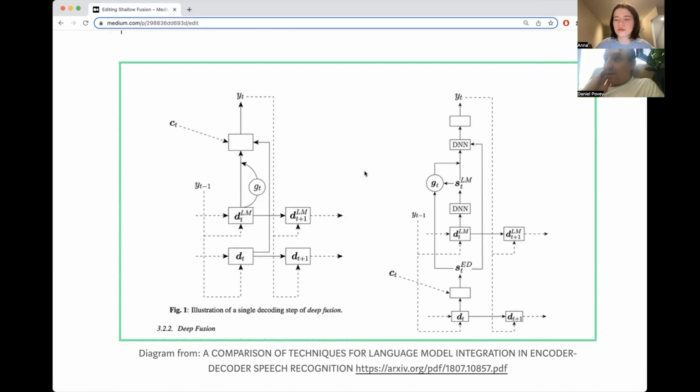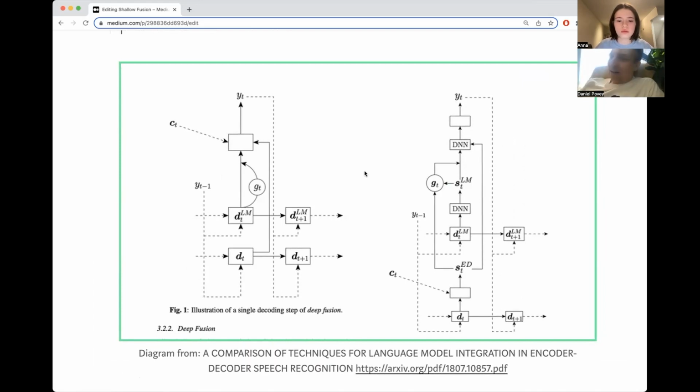But the idea of shallow fusion is that you have some kind of external language model that predicts the next token given the previous tokens only. And then you somehow interpolate that, usually in log space, with the actual model output.